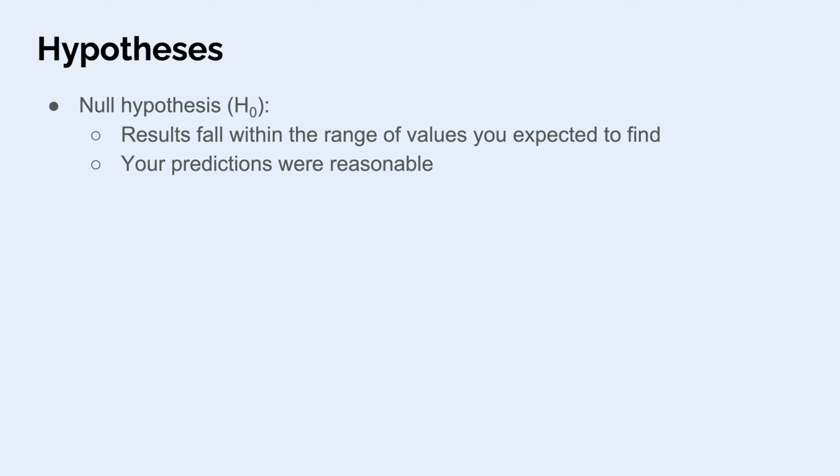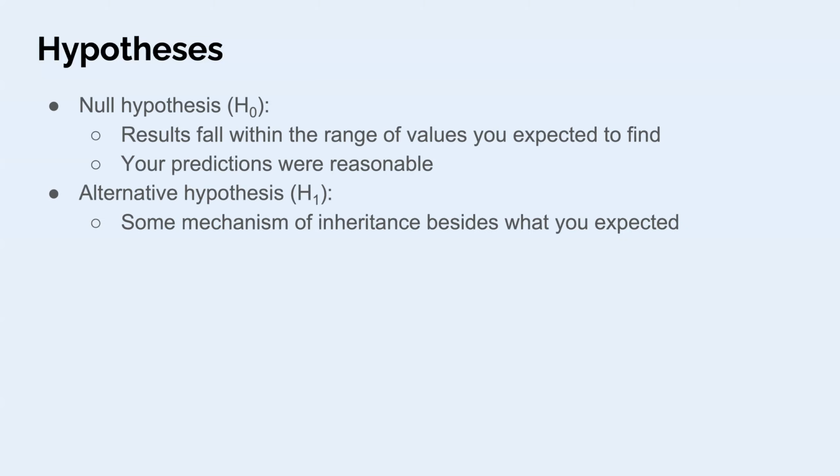The null hypothesis for us is basically that your predictions are consistent with the data, and the alternative hypothesis gets the notation H1 to contrast with the H0 null hypothesis. The alternative hypothesis is basically that the null hypothesis is not sufficient to explain the data.